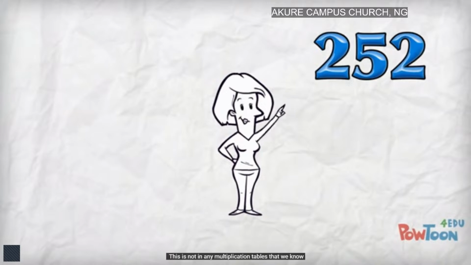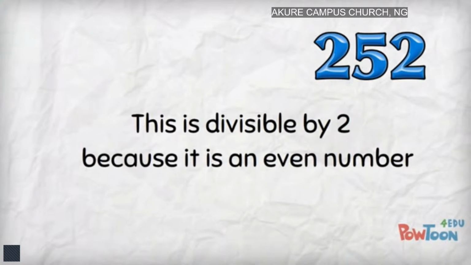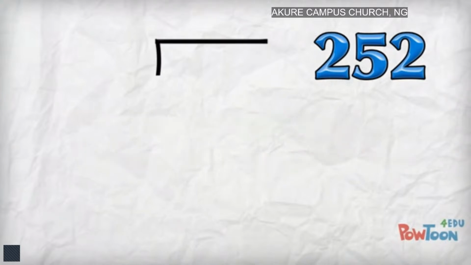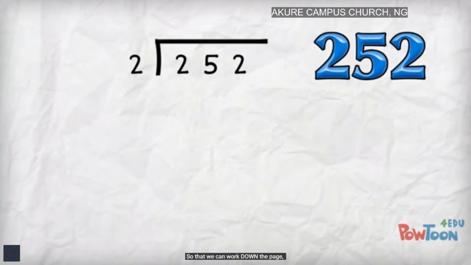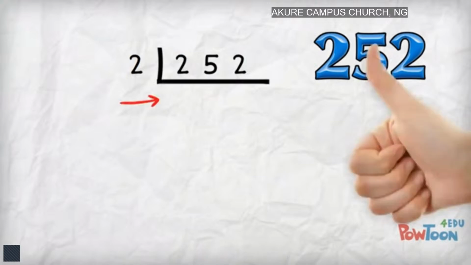This number is not in any multiplication tables that we know, so the only thing we have to go on is that we know this number is divisible by 2 because it's an even number. So 252 divided by 2. So that we can work down the page, we flip the workspace. So now we put our answer underneath. All okay?